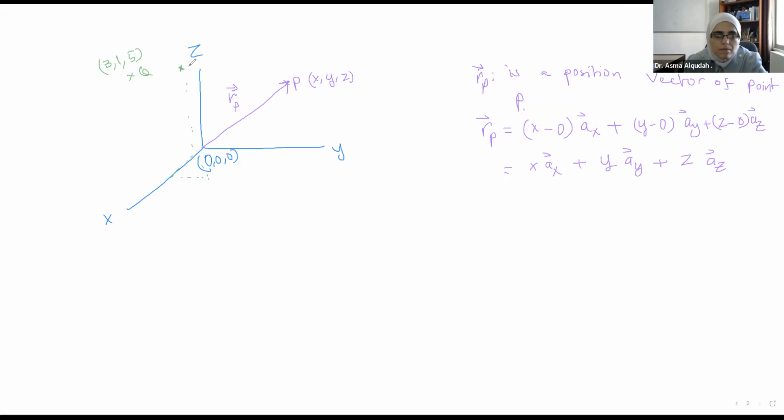If I ask you to find the position vector of point Q, you say R sub Q is the position vector for point Q, which is equal to 3A sub X plus A sub Y plus 5A sub Z. It's as simple as this, how you find the position vector.